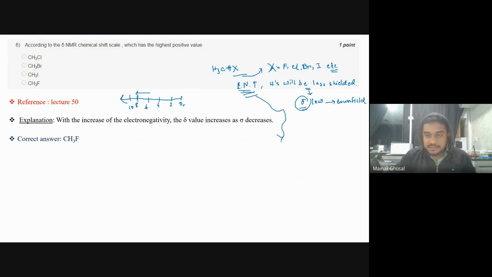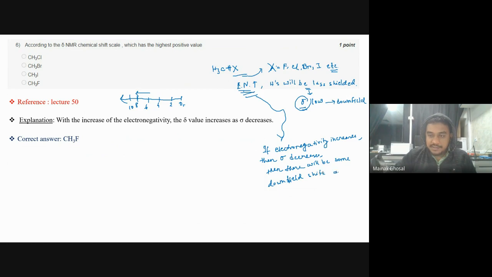If electronegativity increases, then sigma decreases, then there will be a downfield shift, and downfield shift means this chemical shift delta will increase. So if electronegativity increases, delta increases. This is the final conclusion.